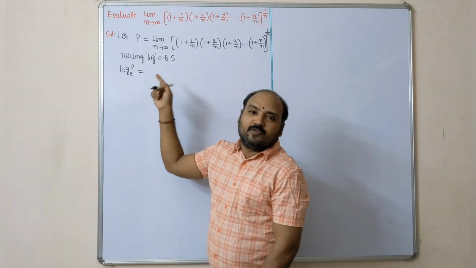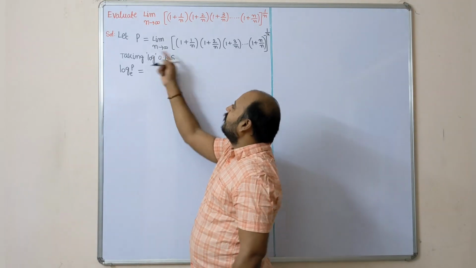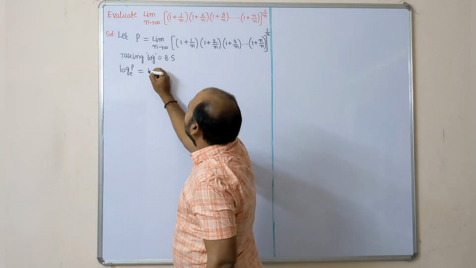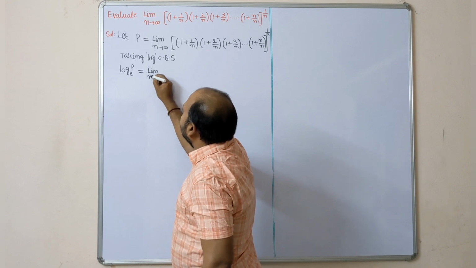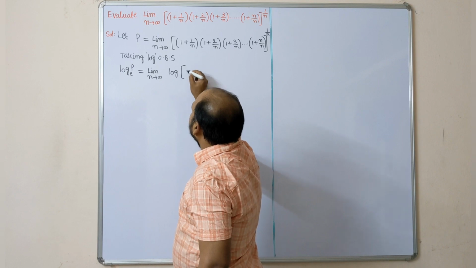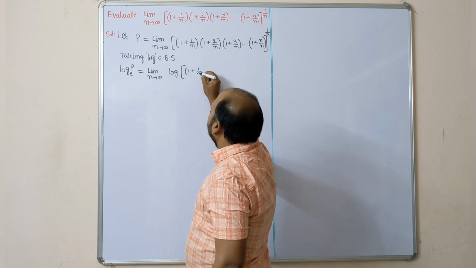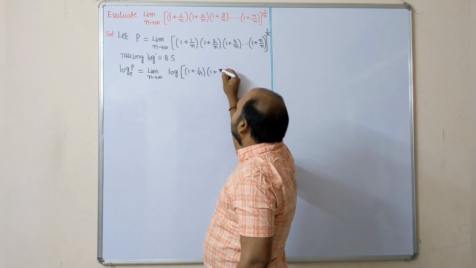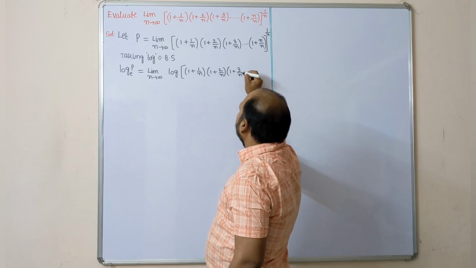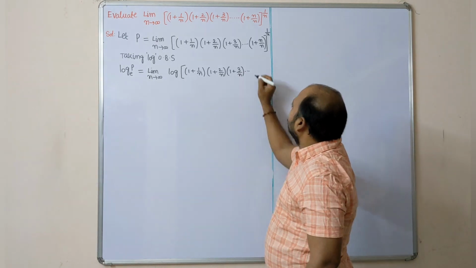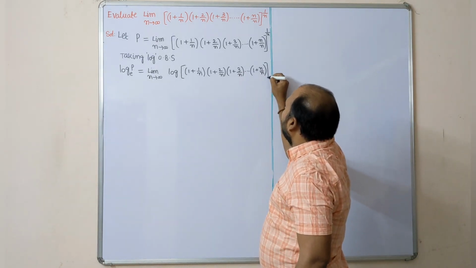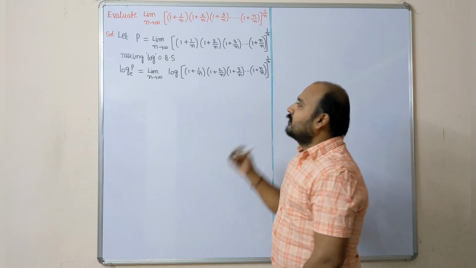Here limit n tends to infinity is an operation, no problem, we can take log inside the limit. Limit n tends to infinity, log of (1 plus 1 by n)(1 plus 2 by n)(1 plus 3 by n), and so on, (1 plus n by n) whole power 1 by n.